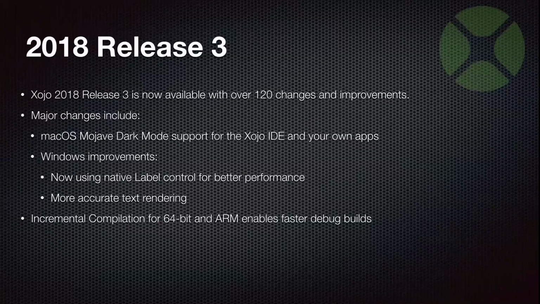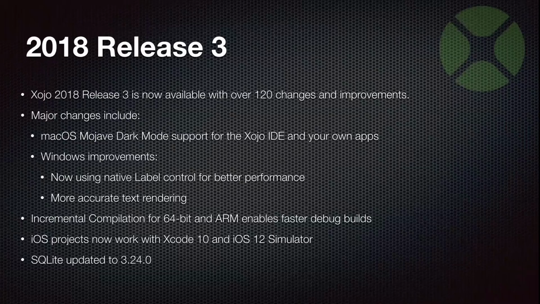For 64-bit and ARM builds, there is now incremental compilation available to allow that to happen even faster. And iOS projects now support the latest versions of Xcode and iOS. And we updated SQLite, something we're often doing just about every release. SQLite is updated quite frequently, and I like to stay on top of that.